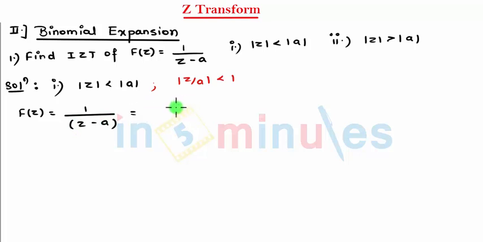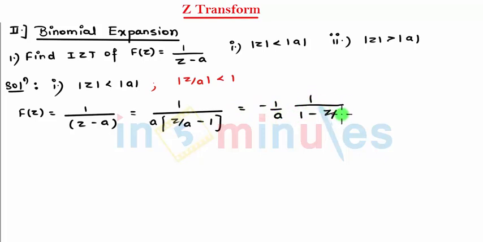In binomial expansion it is z by a, so we need to take a common from here. As I take a common, I get z by a minus 1, which we can write as minus 1 by a, 1 divided by 1 minus z by a.